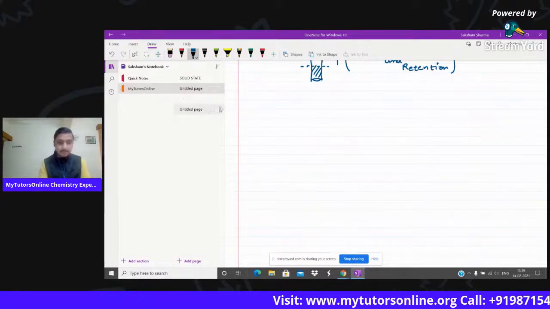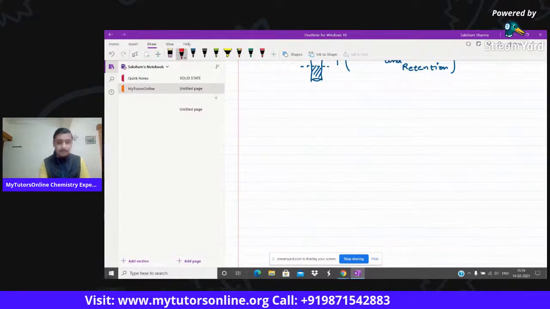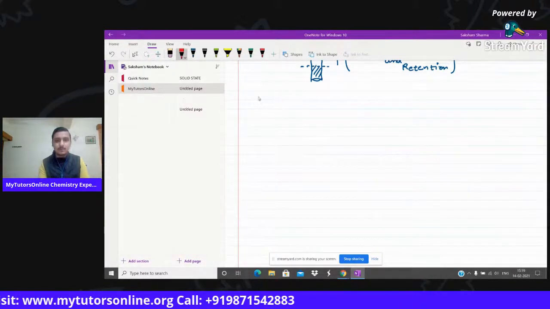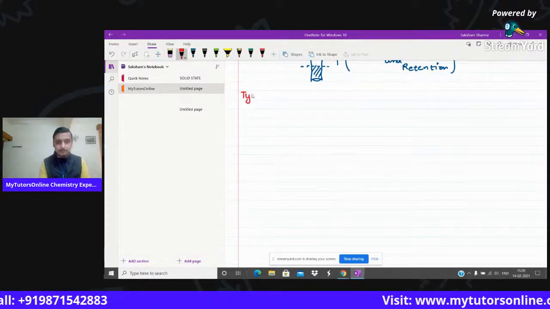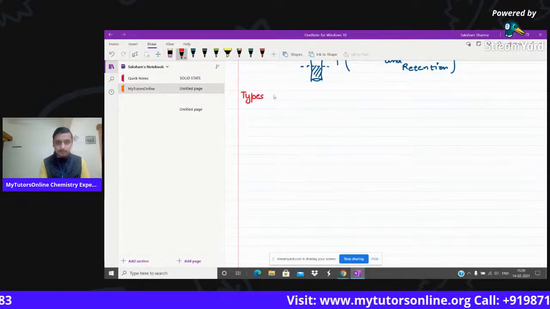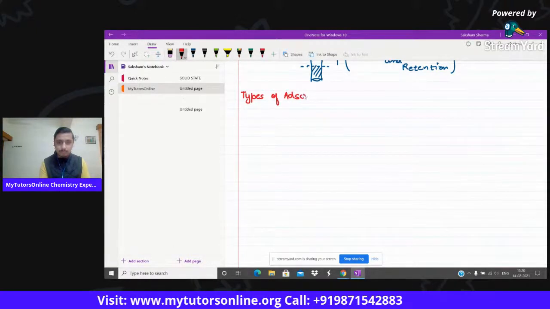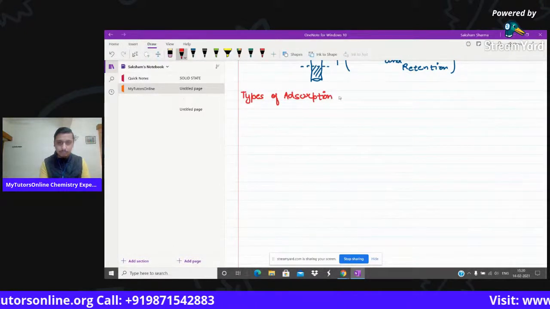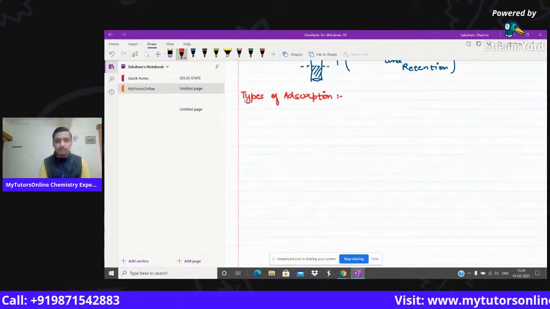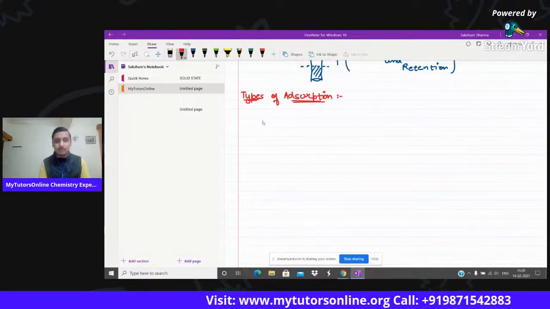Moving on, next we have types of adsorption. I will write over here: types of adsorption.